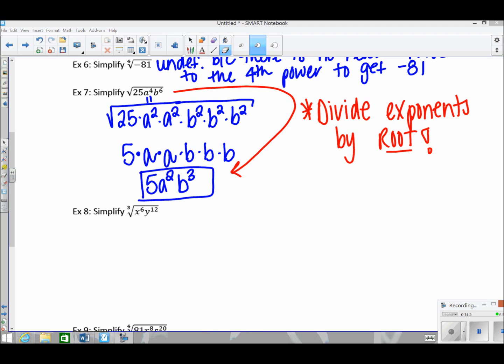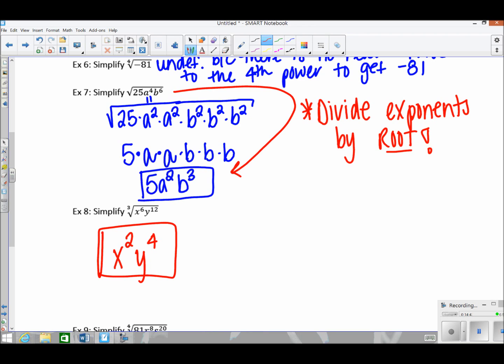So for this one, I'm taking the cube root of x to the 6th, y to the 12th. So you're going to divide each of the exponents by 3. So x to the 6th is going to become x to the 2nd. Y to the 12th, well, 12 divided by 3 is 4. So that's it. That's much shorter than doing the whole process that I did in example 7.